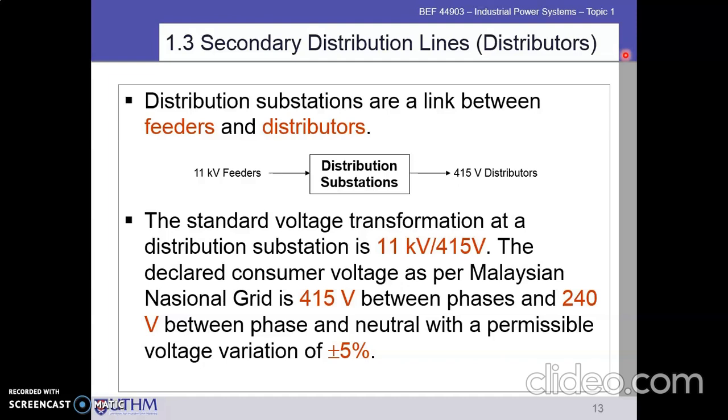But the incoming voltage and outgoing voltage are different. Usually for primary, we have incoming 33 kV and outgoing 11 kV. But for secondary distribution, the incoming feeders are 11 kV and stepped down to 415. This is for the distribution substation.